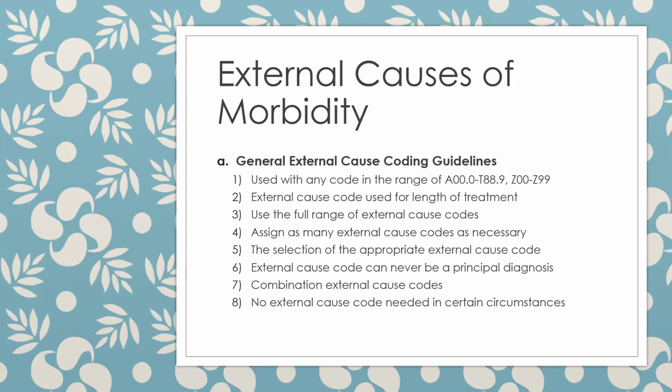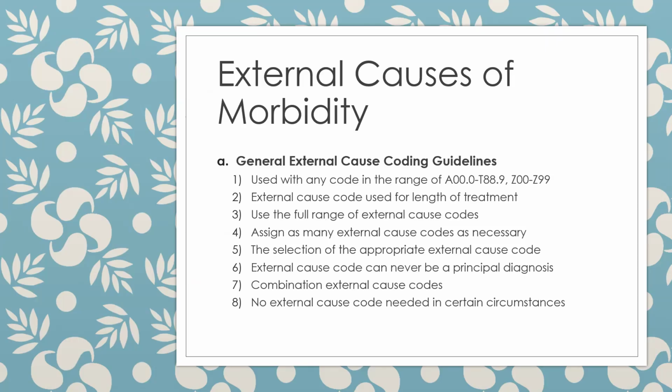So now let's get into our general external cause code reporting guidelines. Number 1, use with any code in the range A00.0 through T88.9 and Z00 through Z99. An external cause code may be used with any code in the range that was just previously mentioned, classification that represents a health condition due to an external cause.